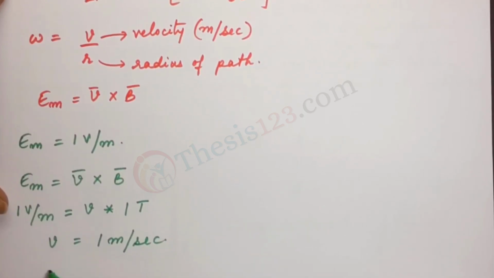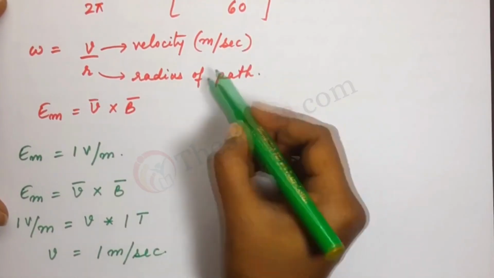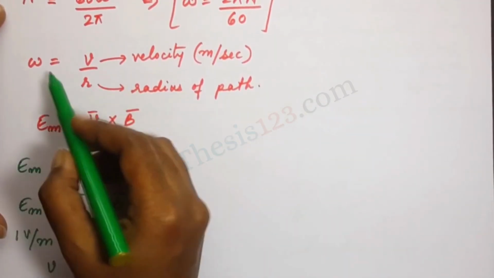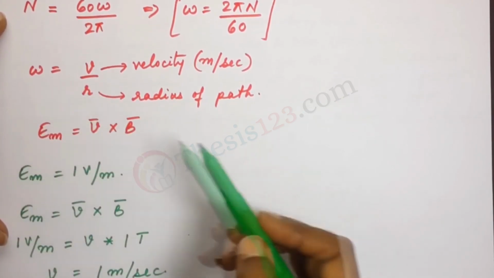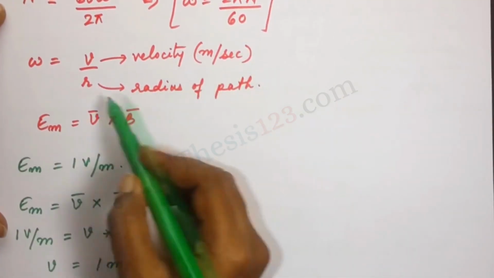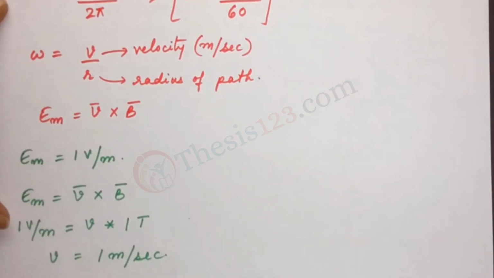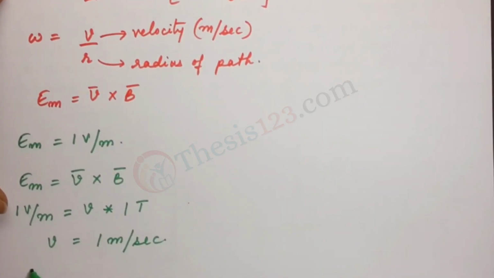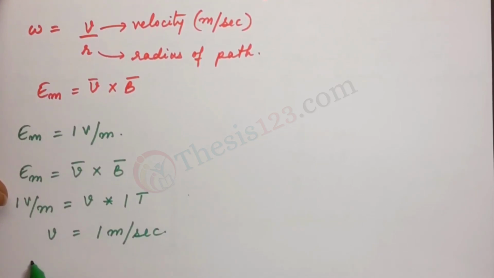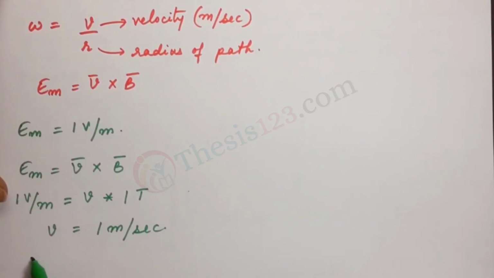Alright. So from this expression here, this angular velocity is equal to the velocity in meter per second divided by the radius of the path. R is also 1 meter according to the figure given to us.